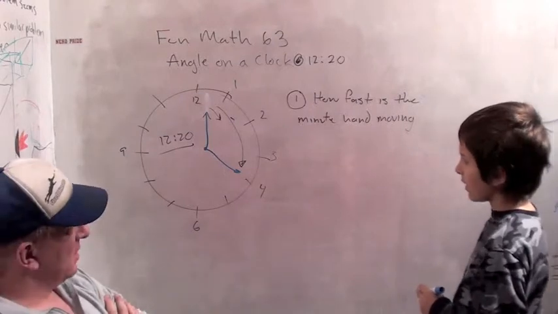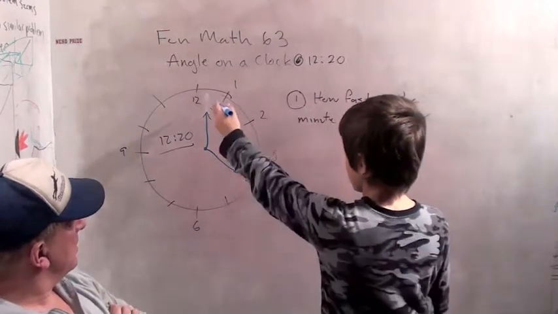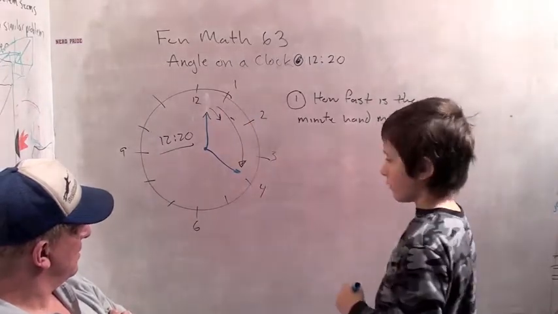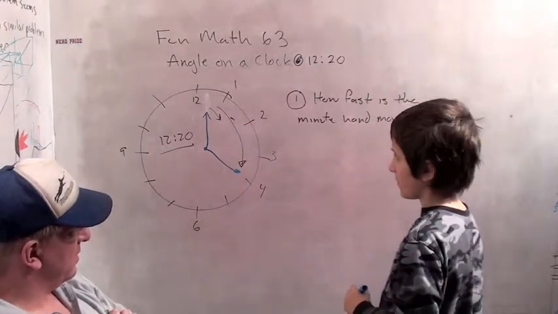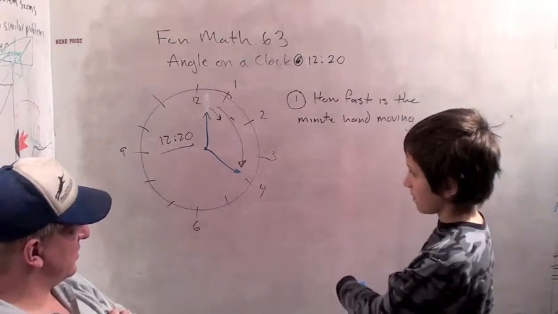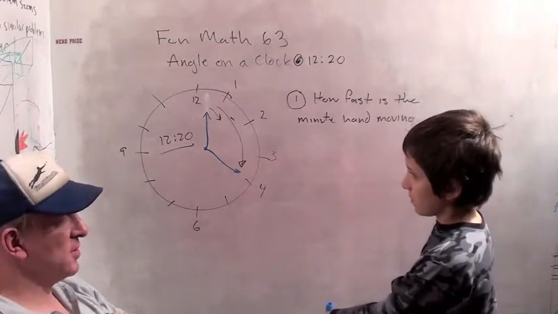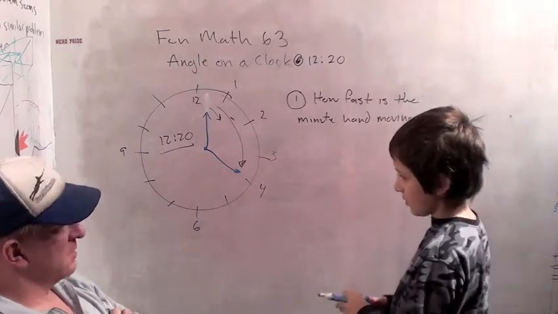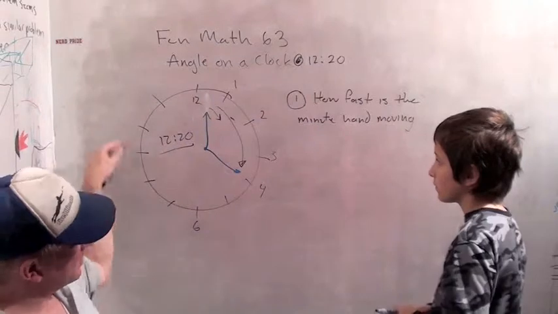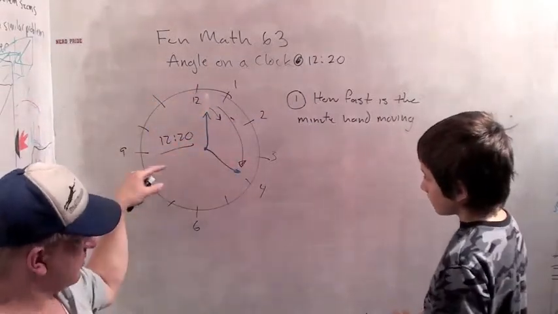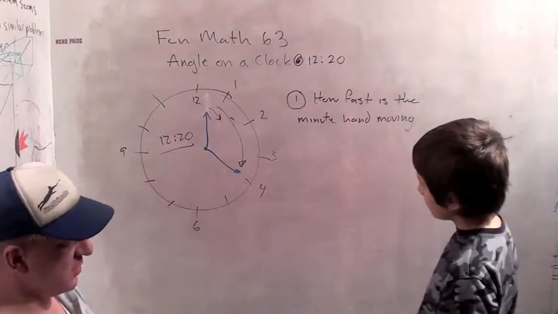Well, the distance it's moved is four wedges, and each wedge is 30 degrees. Why is each wedge 30 degrees? There's 12 of them, and there's 360 degrees in a circle. There's 12 little wedges in between the 12 numbers, so each wedge is 30 degrees.